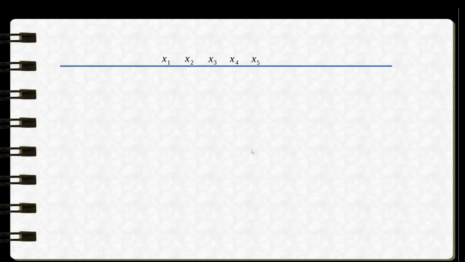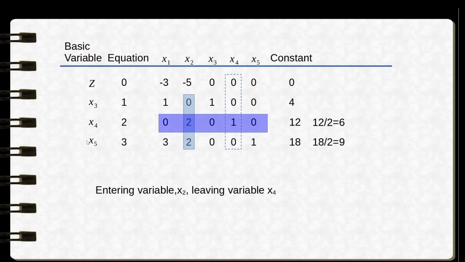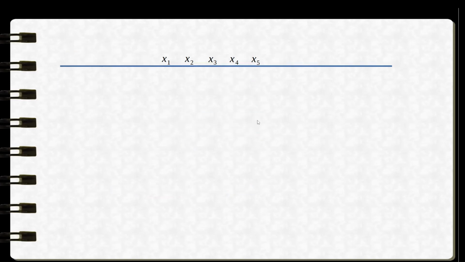So what do we do now? The first thing that we do is we have noted x4 is our leaving variable. We take equation number 2 and we divide it by 2. And this is iteration number 1. So I have written this now. Equation number 2, I have divided it by 2 and this is what we get.